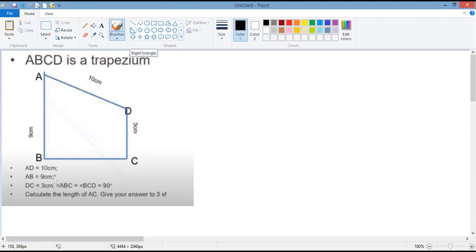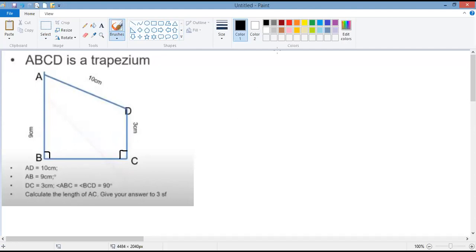Then they tell you angle ABC equals angle BCD. Angle ABC here is 90 degrees, and angle BCD here is also 90 degrees. This is what the question tells you, and they want you to calculate the length of AC.